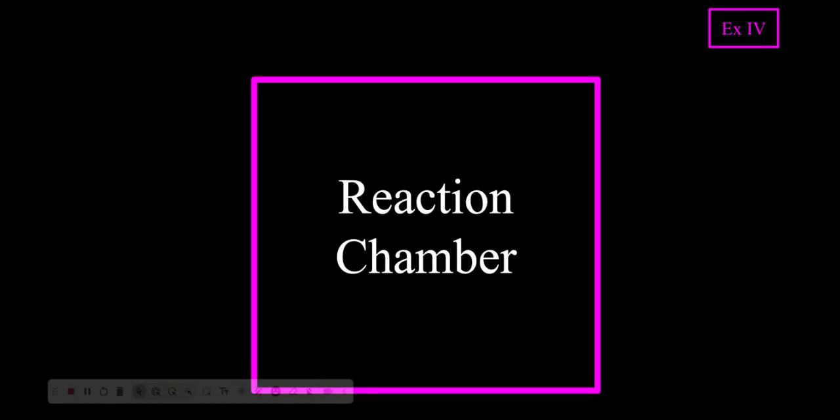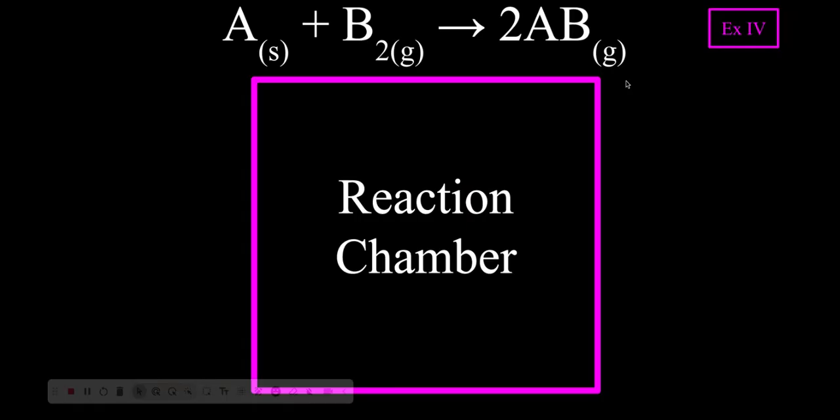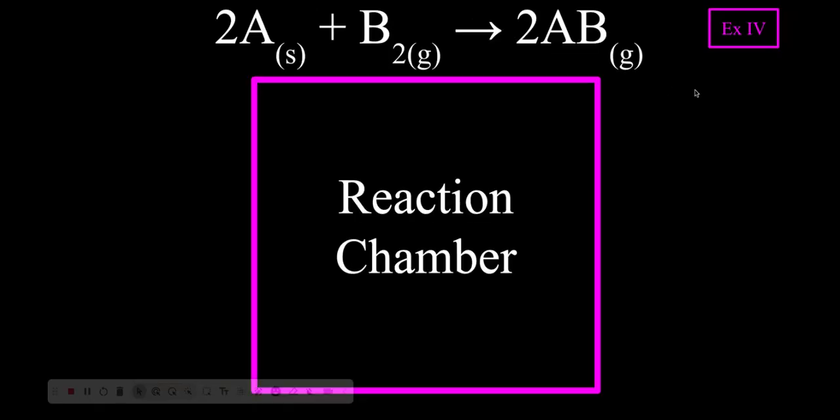Now let's look at a chemical reaction. Let's say I've got a solid and a gas reacting together. You can see the reaction up ahead, and I just noticed something else. I hadn't balanced the equation.